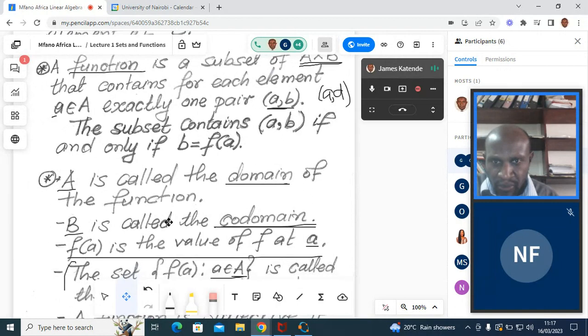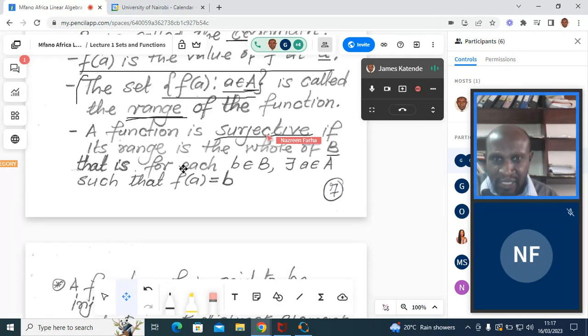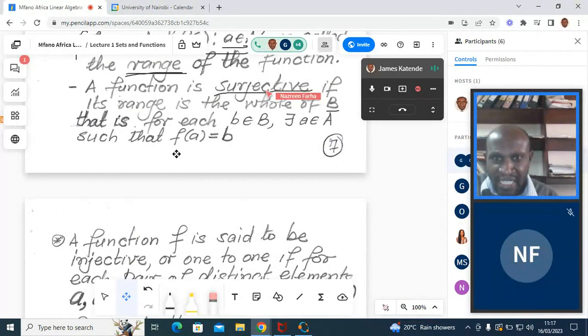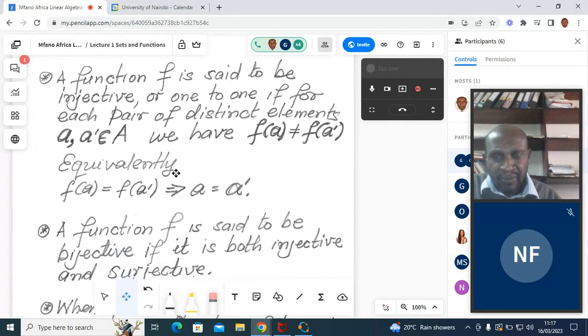We go back to the definition. So we've defined the range, or sometimes we call it the image. Another very important concept is an injective function.